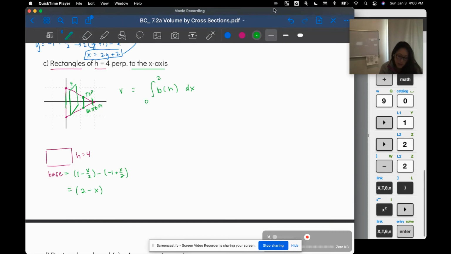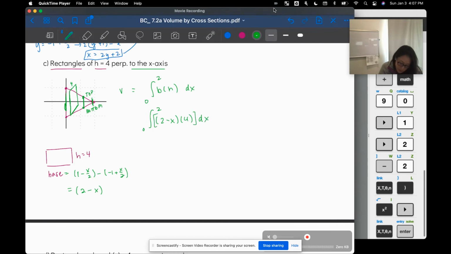So I'm making an infinite number of rectangles between 0 to 2 and adding them up, and the integral is what adds up all those different rectangles together. So I end up with the volume from 0 to 2. The base is 2 minus x, and the height is 4 dx.